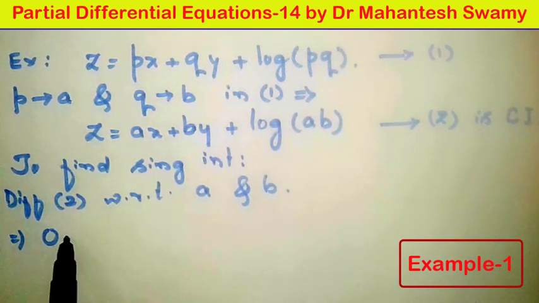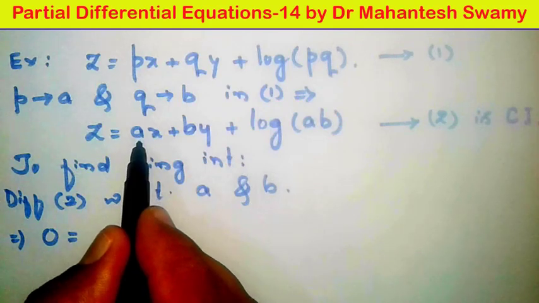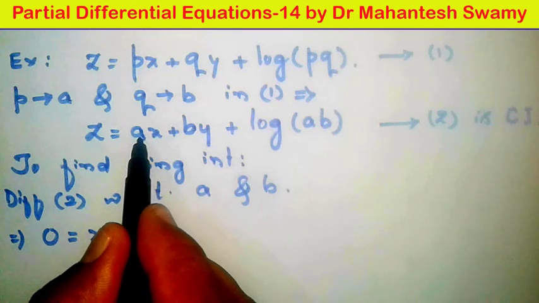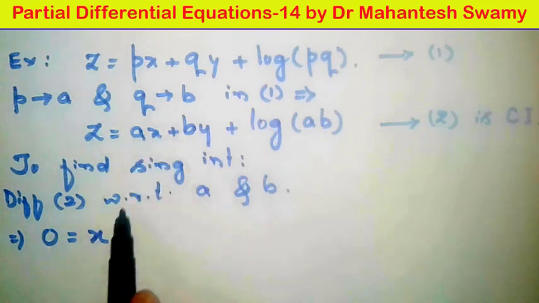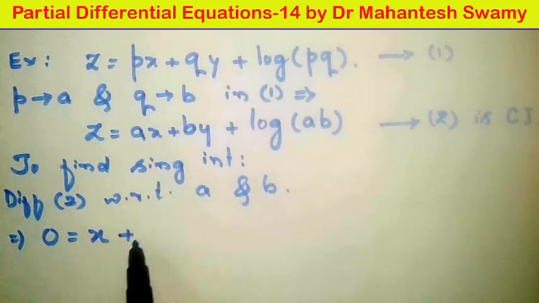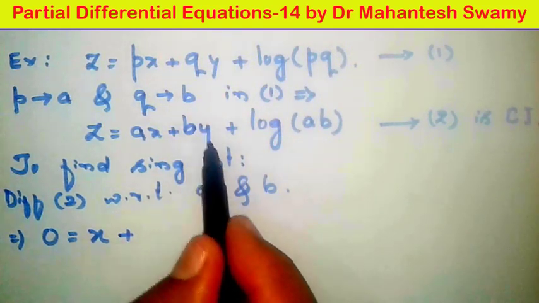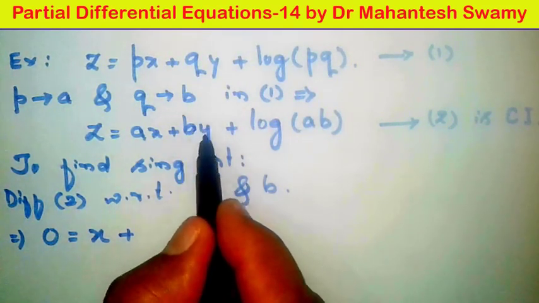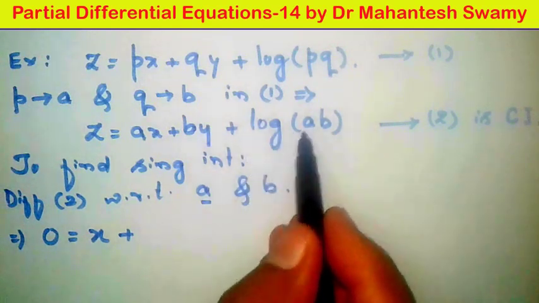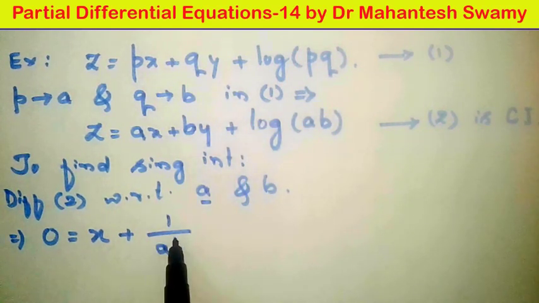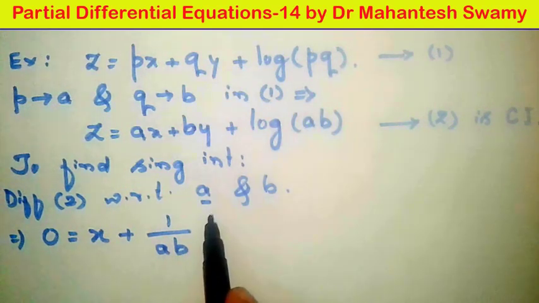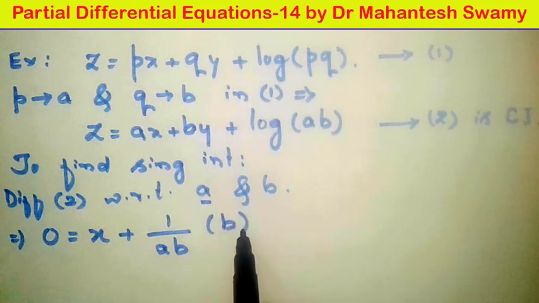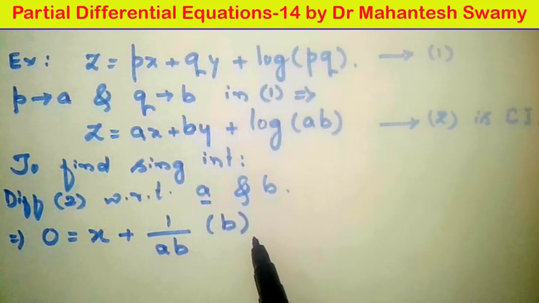Therefore it will be 0 on the left hand side, and on the RHS it will be 1 into x, because differentiation with respect to a is 1, x treated as a constant as it is, plus b is a constant, y is a constant while differentiating with respect to a. Therefore that should be made 0 after finding its derivative, plus log differentiation is 1 divided by the bracket, into the differentiation of that bracket. a differentiation is 1, b should be treated as it is because it remains a constant.